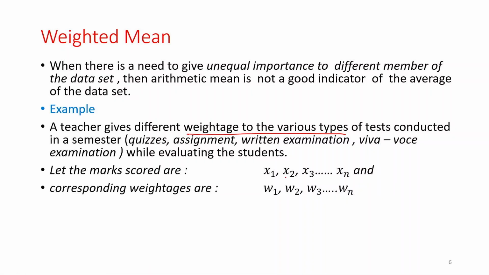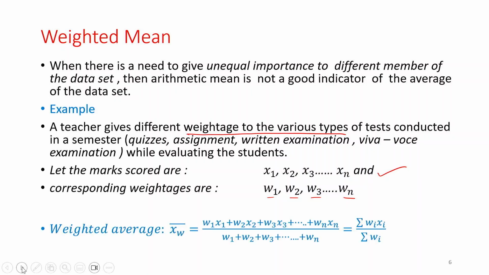If x1, x2, x3, up to xn are the scores, and the weightages given are w1, w2, w3, up to wn, then the weighted average, which is x bar w, where the subscript w indicates weighted average. We can say weighted mean or weighted average, basically meaning the same thing.